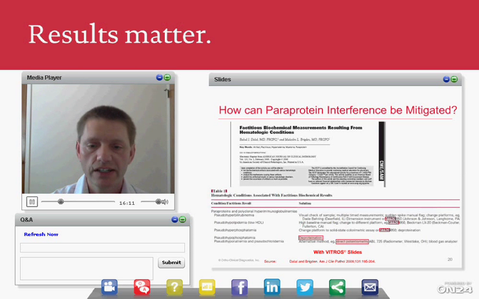And what I've highlighted is that for all of these assays shown here, one of the listed solutions is to use the VITROS Microslide technology for that given assay, because the paraprotein is actually removed before the chemical reaction occurs.